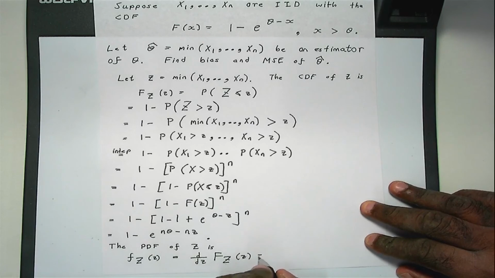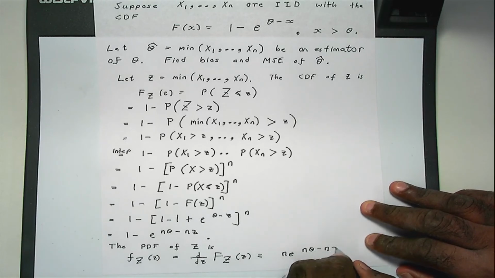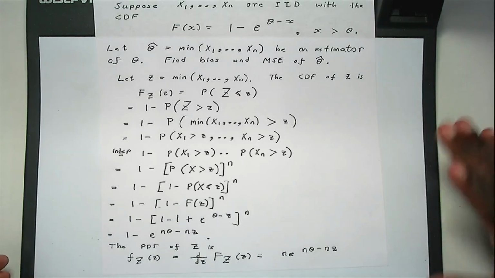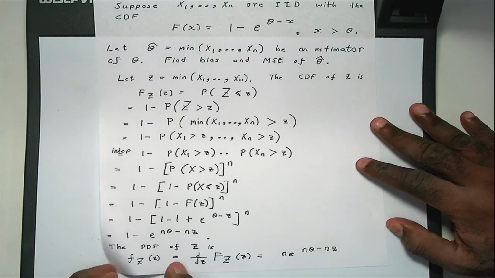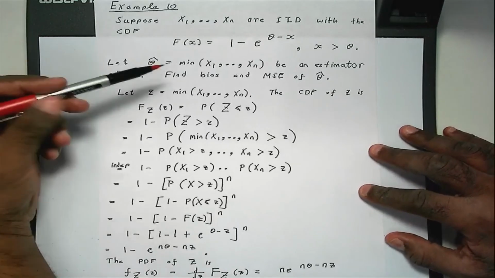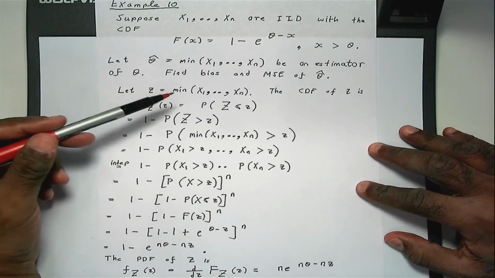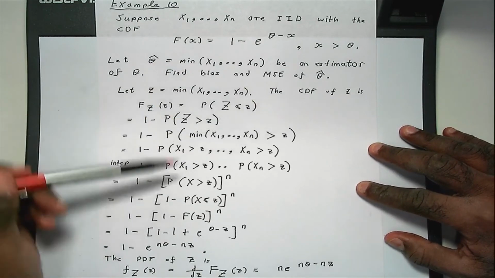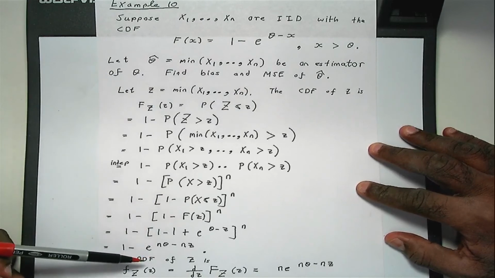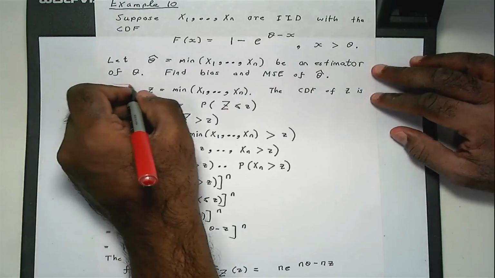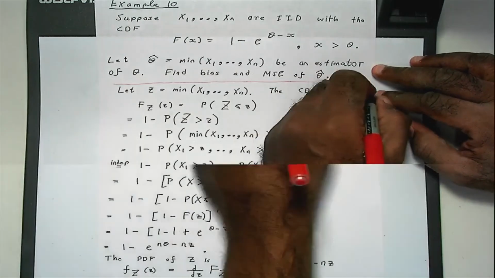If you do that, you get n e to the power of n theta minus n z. Alright, so this is the first step you must do whenever you have a question that involves the minimum or the maximum. You must find the CDF and the PDF of the statistic which involves the minimum or the maximum.